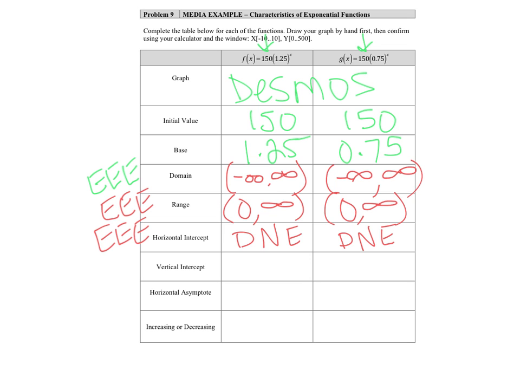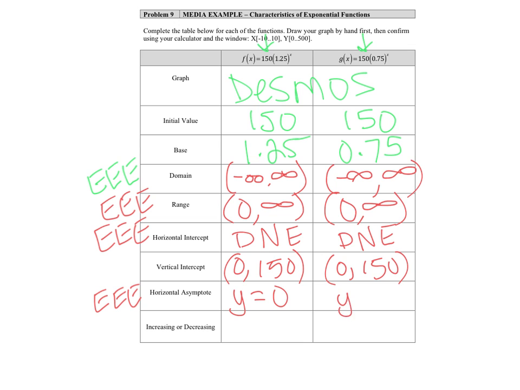Remember, it's at the initial value point. So if the initial value is 150, our vertical intercept is (0, 150). So the vertical intercept is always that front number there. The horizontal asymptote for every exponential function ever is y equals 0 because it never crosses the x-axis, and that x-axis is located at y equals 0.